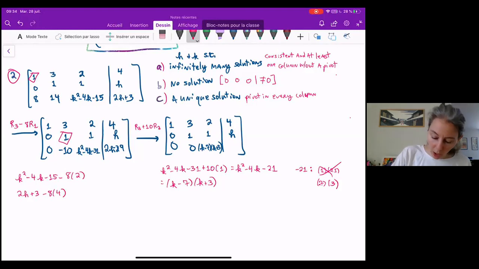Okay, so then also we have 2h minus 29 plus 10h. So that gives me a 22h minus 29. Okay, so that's what goes right here.